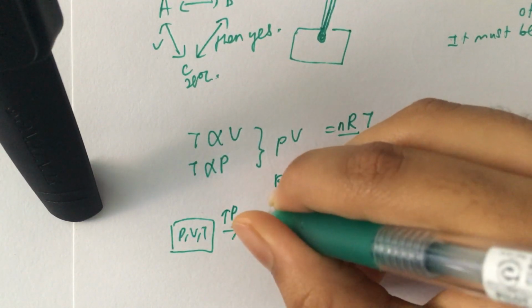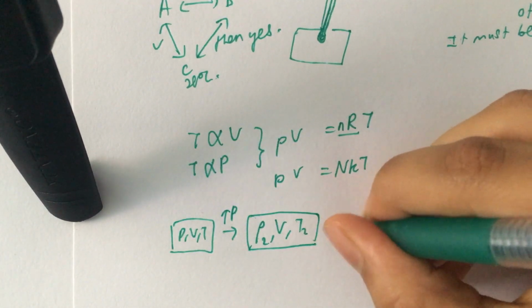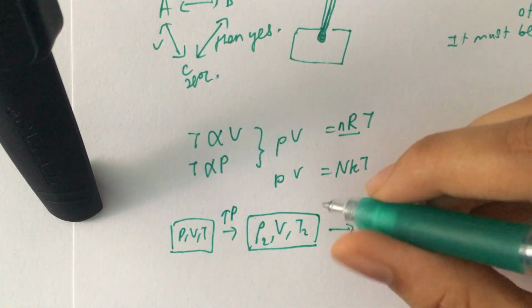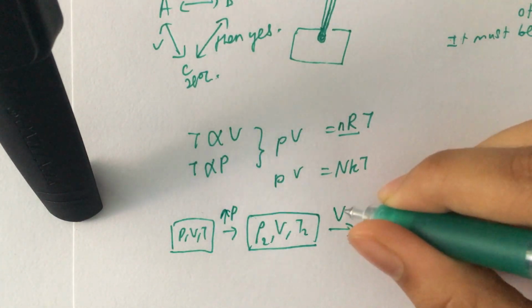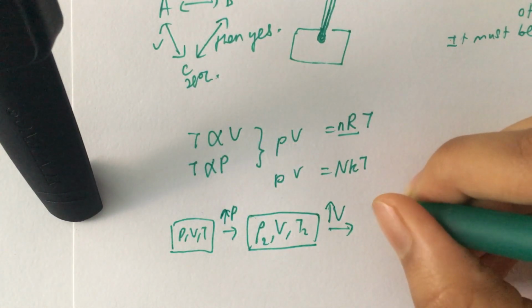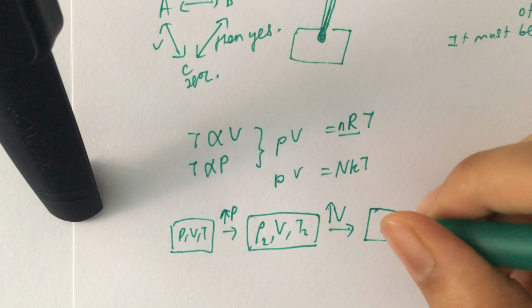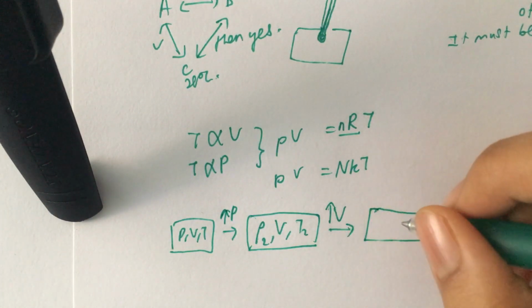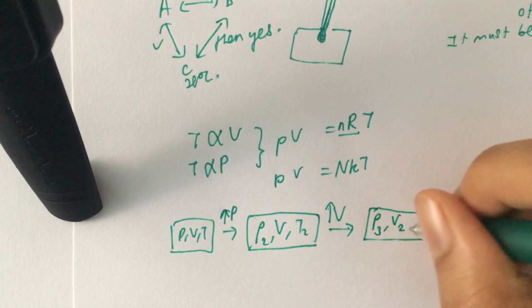And then from there, if you change the volume but you don't change the temperature, then it becomes P3, V2, T2.